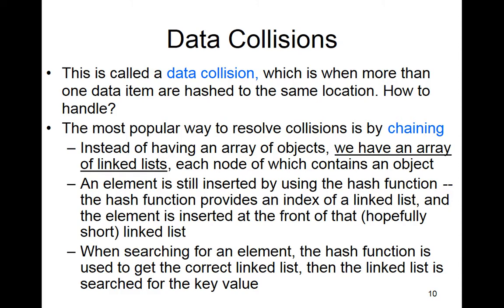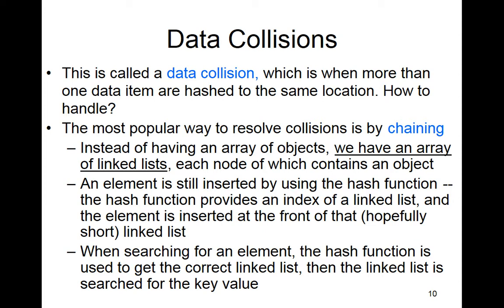So how do we deal with this? The fancy word for when you have more than one data item that's getting hashed or assigned to the same location is a data collision. Pretty good name. Literally, two pieces of data are colliding because they're trying to jump into the same spot. So how do we do this?